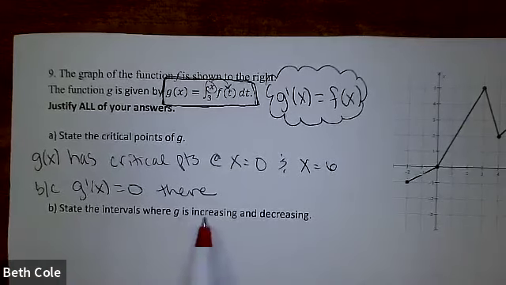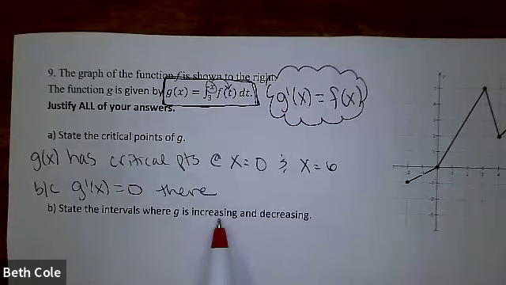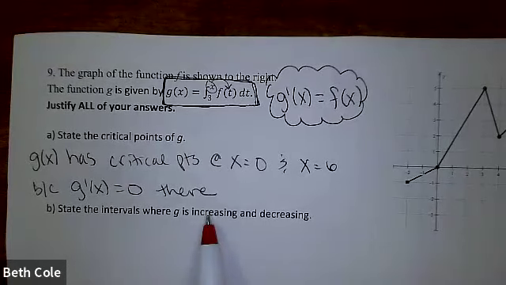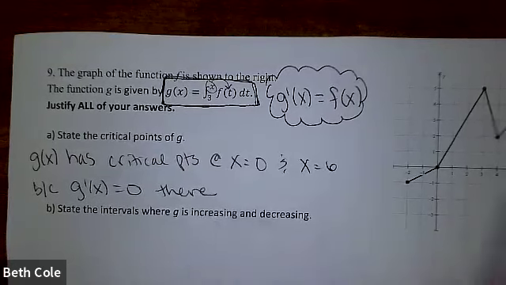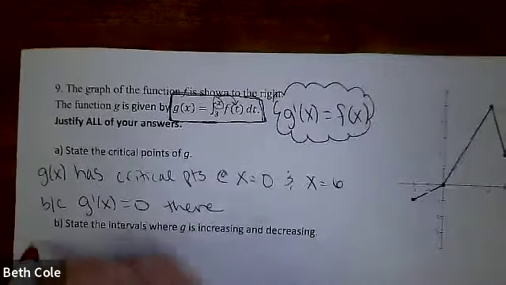Okay. State the intervals where G is increasing and decreasing. Check out your sticky note. Now we wrote F, F prime, and F double prime. Pretend it says G. G is increasing where G prime is what? Positive. That would be where this graph is above sea level. Okay, so let's write our first sentence.